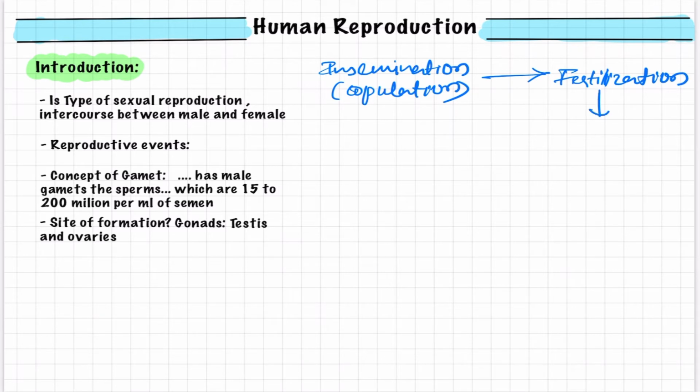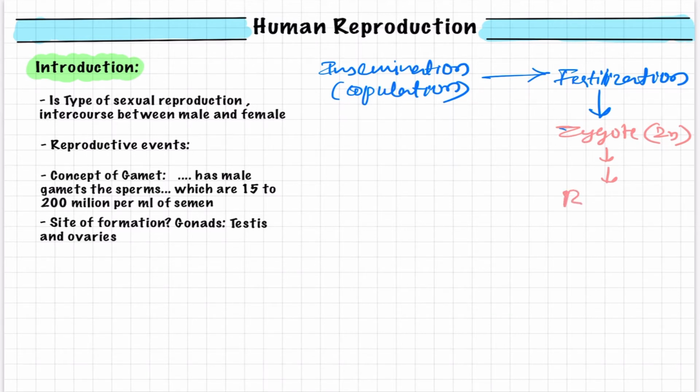As we all know, the result of fertilization is the formation of the zygote, which is diploid, because before this the gametes are haploid. After fusing both gametes, male and female, the zygote is formed. This diploid zygote undergoes mitosis and goes through stages of development.